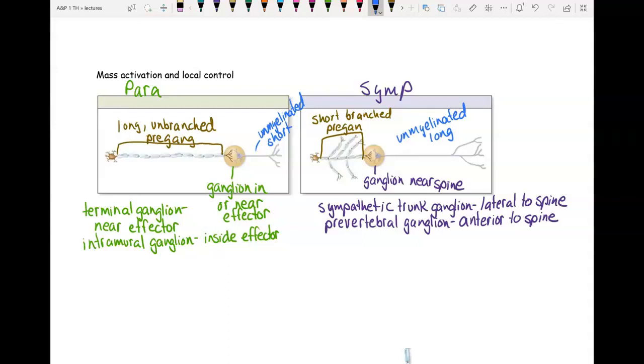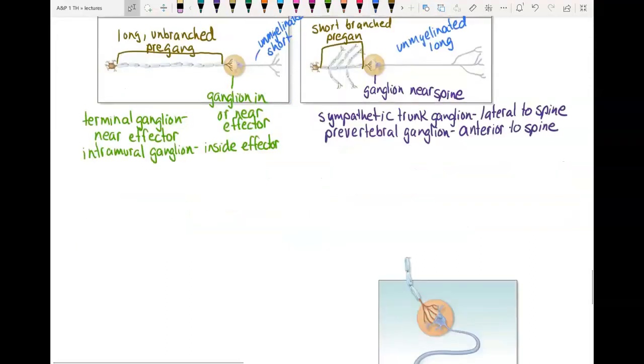Sympathetic and parasympathetic also have different goals when it comes to stimulating the receptors. For parasympathetic, its goal when stimulating receptors is to have precise local control.